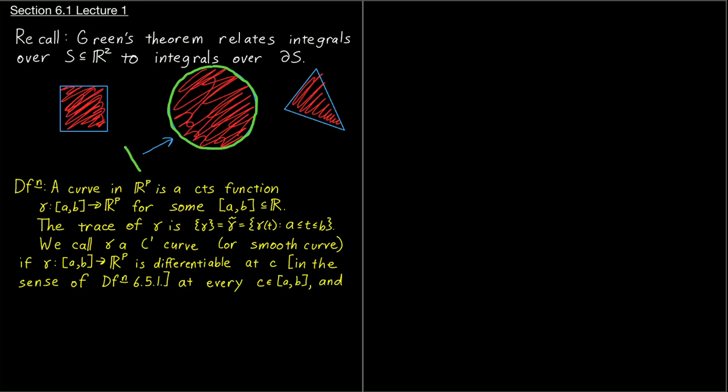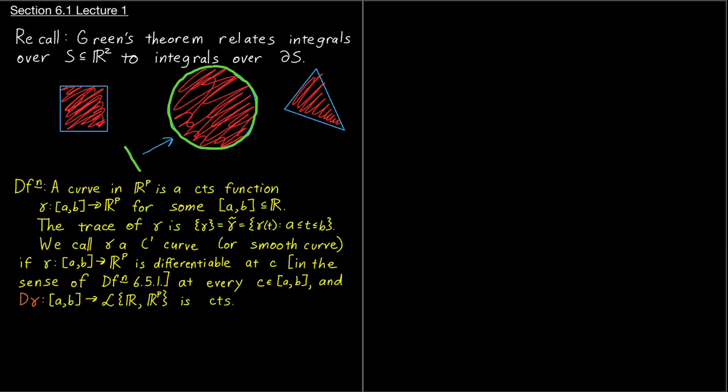But to be a C1 curve, a continuously differentiable curve, the function d gamma, which takes as input a point in the domain of gamma and returns a linear function from the real numbers to Rp, which we saw was a vector space, must be continuous.